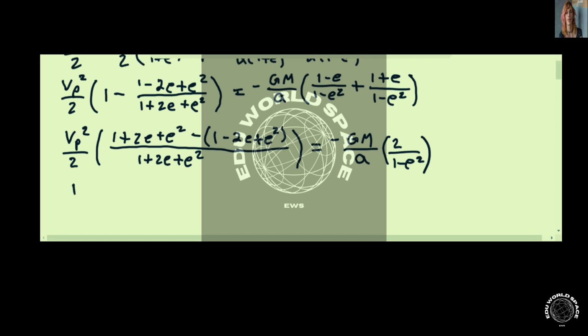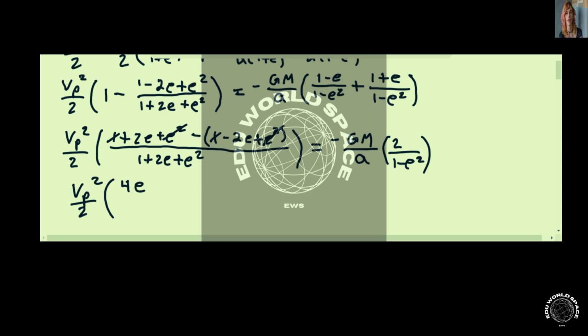Simplifying the left side of my equation, I've got VP squared over 2 times, let's see, so 1 minus 1 cancels, and then positive 2e, and then minus a negative is going to be plus 2e, so I actually can't cancel that. It's 2e plus 2e. So now it's 4e. And then positive e squared minus e squared.